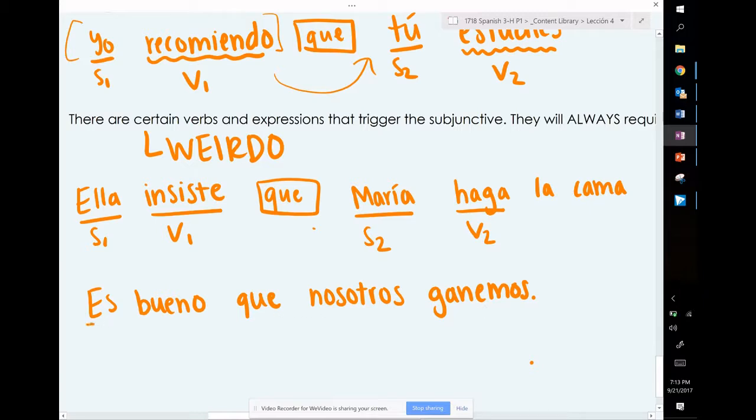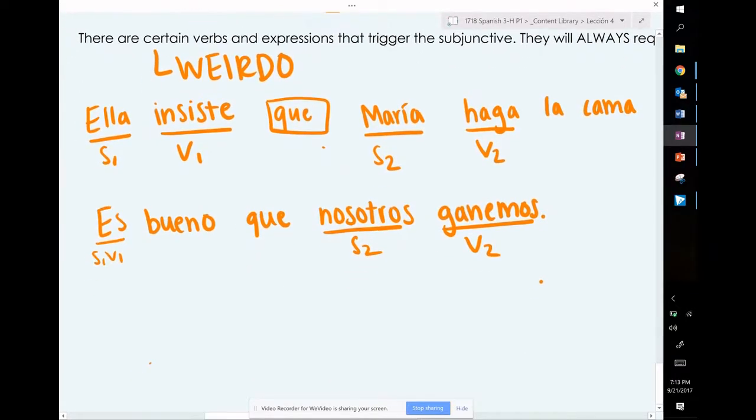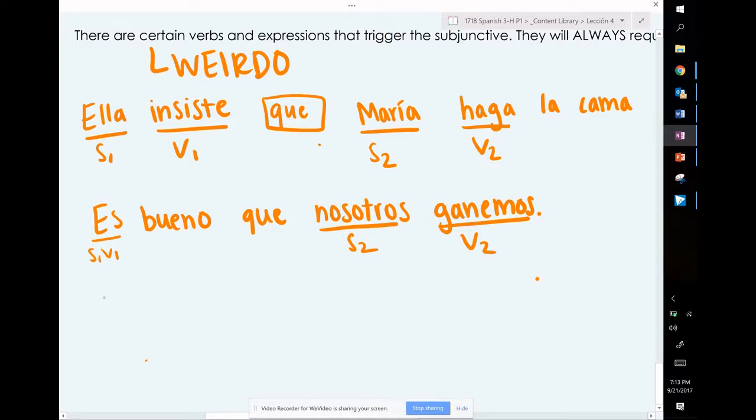This would be an impersonal expression. This is our S1, V1, kind of mushed together into one. S2, V2.